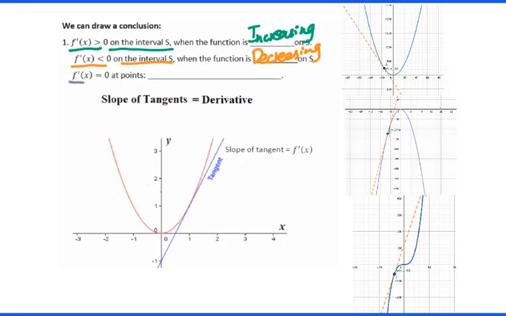When the derivative of f of x equals 0, which means the tangent line is a horizontal line, or the slope of the tangent line equals 0, it is at a minimum point, maximum point, or stationary inflection point.